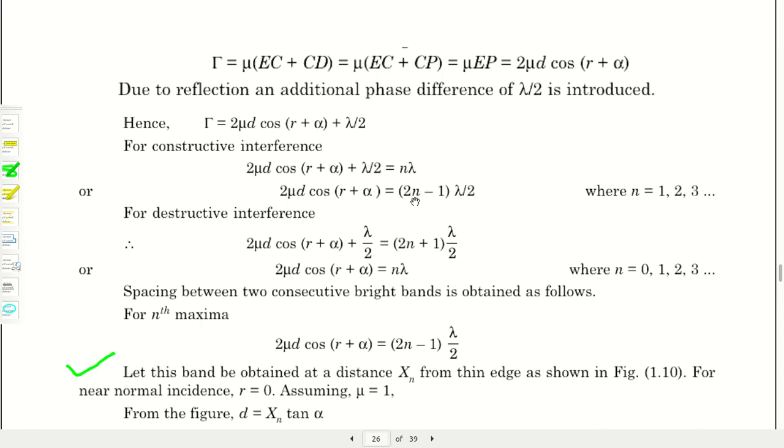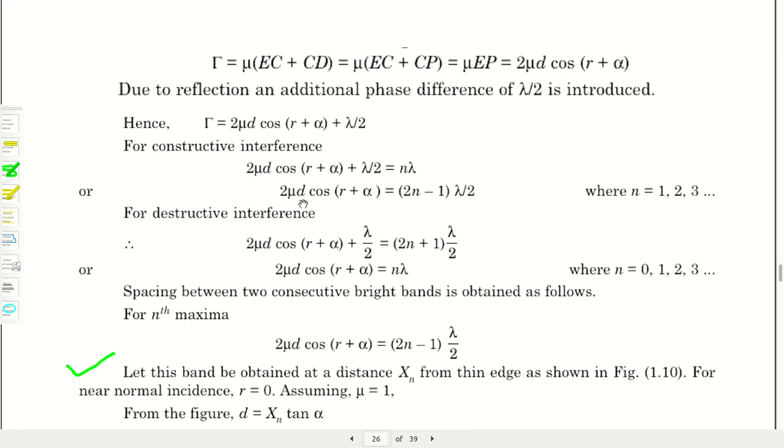So n is the variable thing. So d and n are proportional to each other. If you increase d, then n will automatically increase for a particular ray and a particular wavelength of light. So thickness will determine the order of the fringes. So these fringes are called fringes of equal thickness.